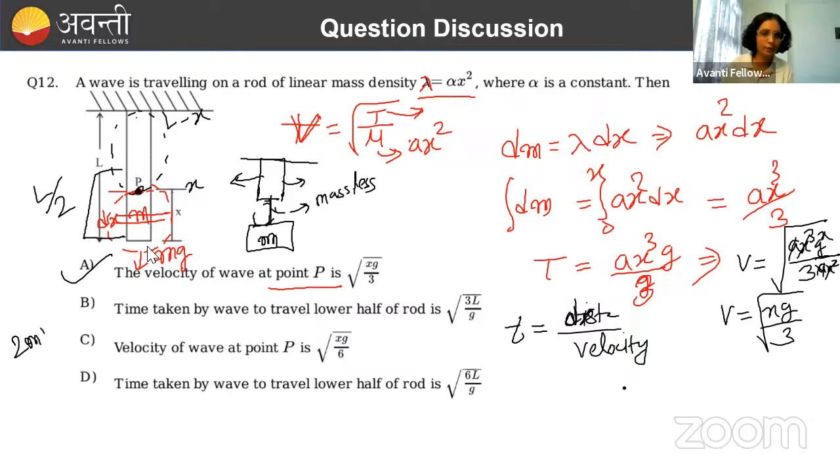I want to see you solve the question. From the bottom, we have already got velocity at any distance x. Then we have to calculate time taken to cover L/2 distance. Let me know what will be the time. ठीक है?